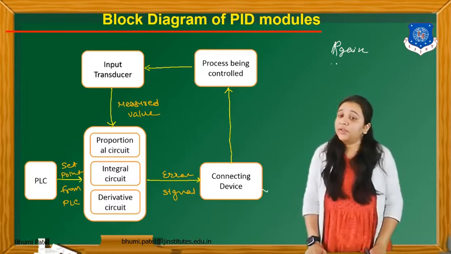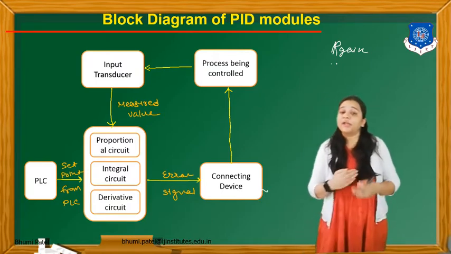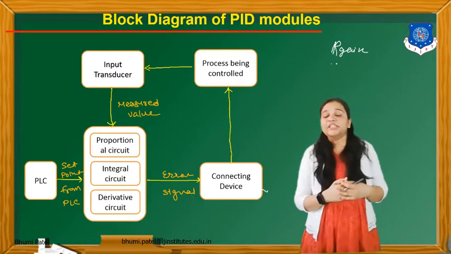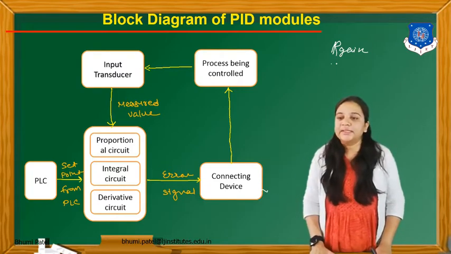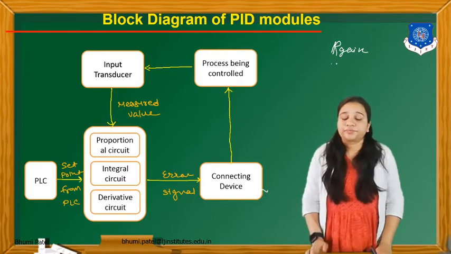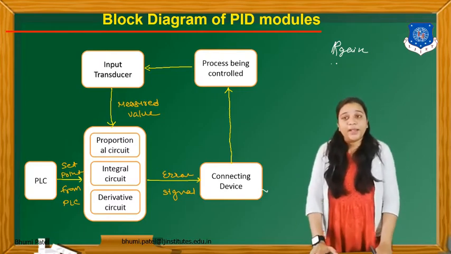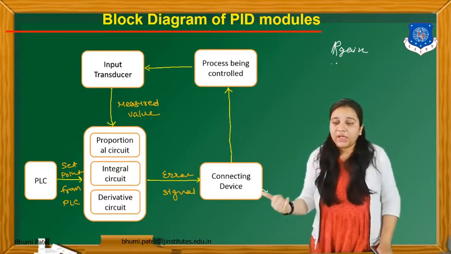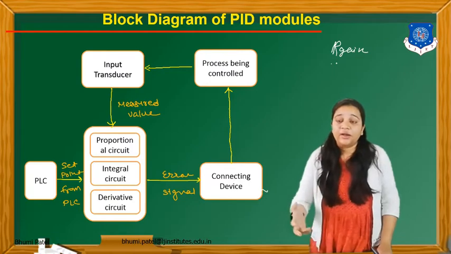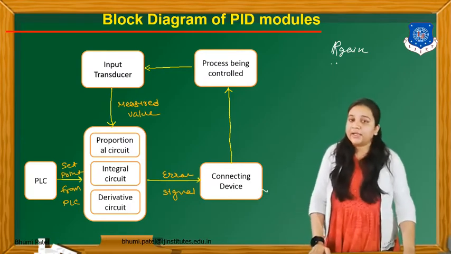If we connect the PID module with the PLC, the set point comes from the PLC module. So this is the simple block diagram of the PID module. Depending upon the plant, we can connect any of the circuits of this system, or we can connect all three circuits for this PID module.